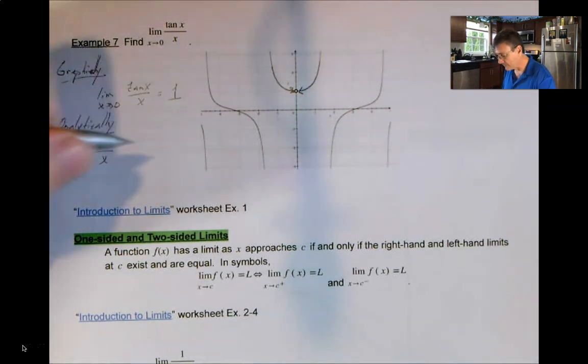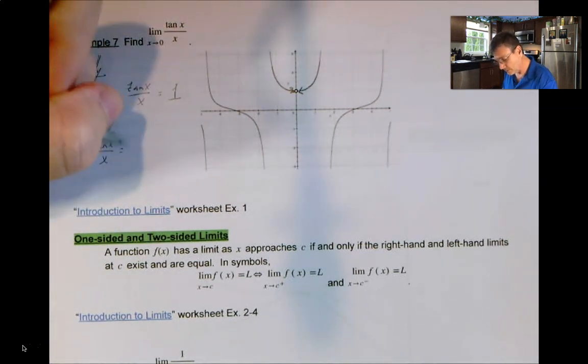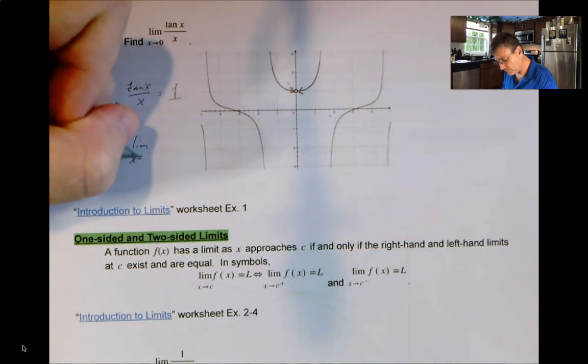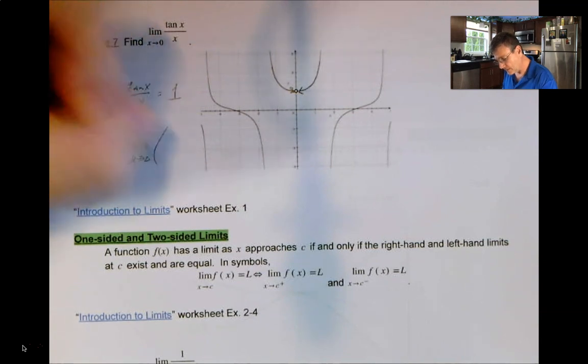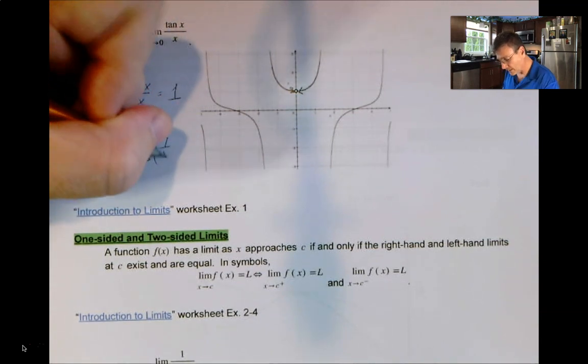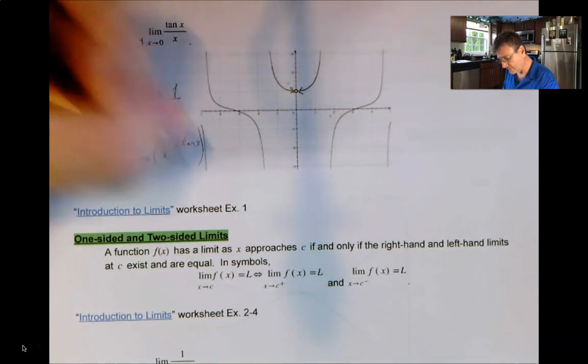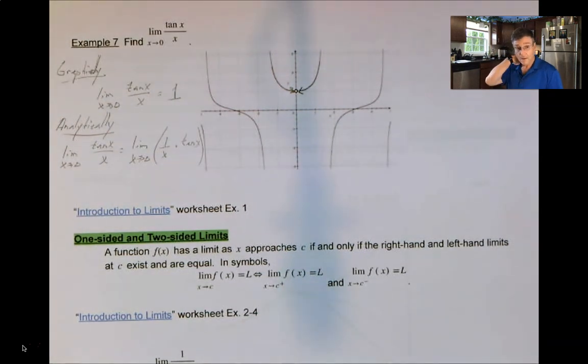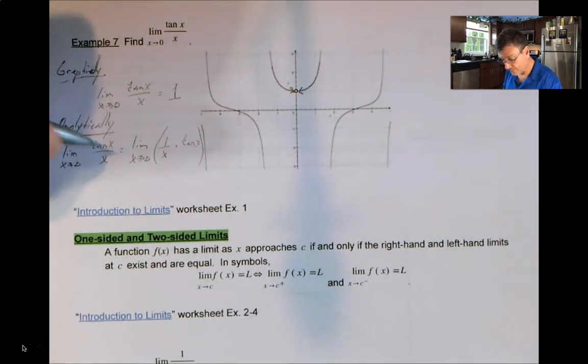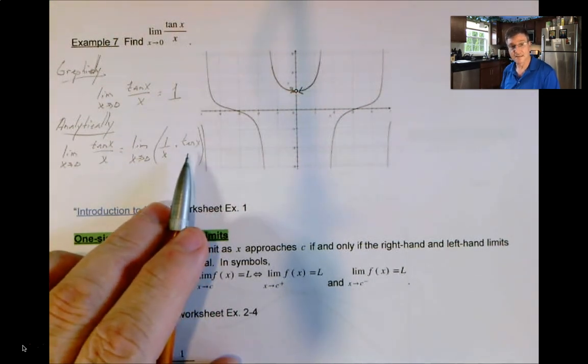I can rewrite this: equals the limit as x approaches 0 of 1 over x times tangent of x. I can continue rewriting this because we know tangent is sine over cosine.